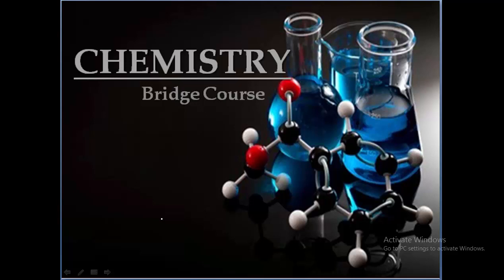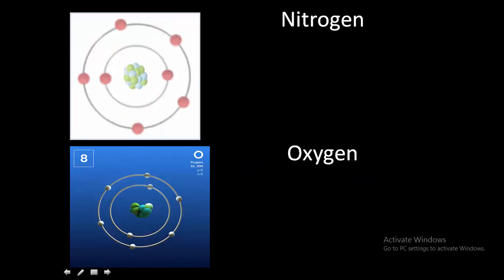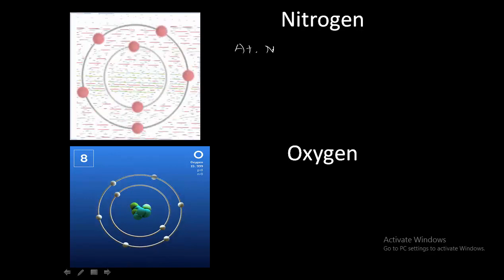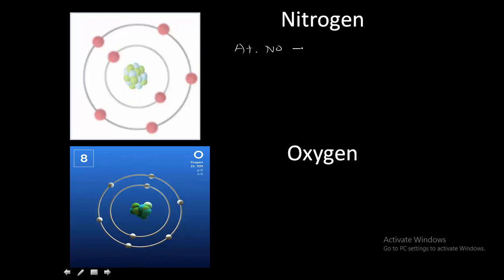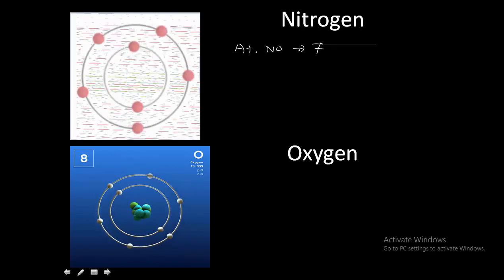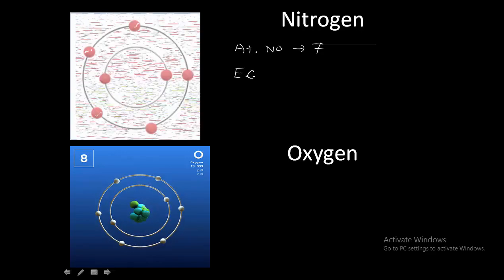Now we will move to the next element, that is nitrogen. The atomic number of nitrogen is 7. So if the atomic number is 7, how to write its electronic configuration?